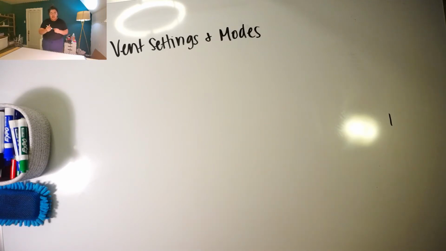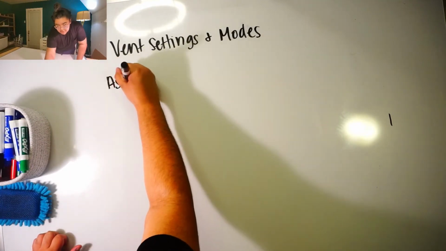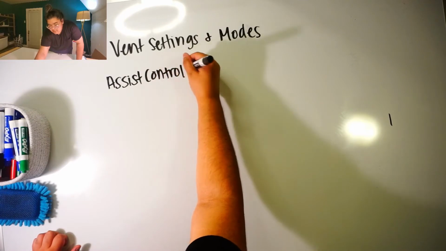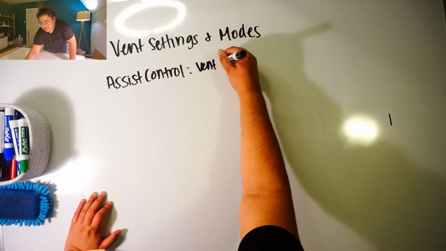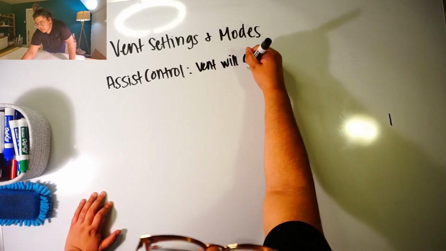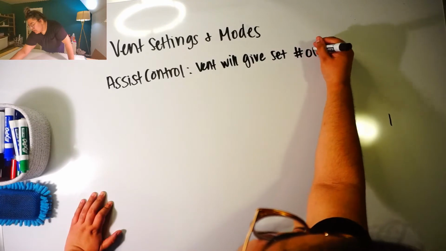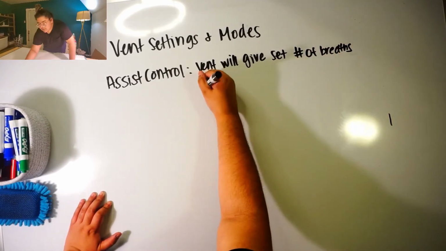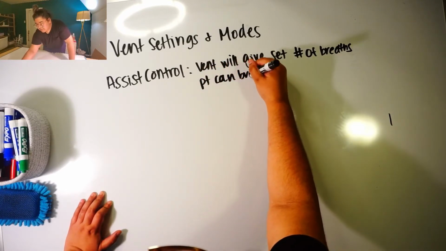Okay, so the first mode that I want to talk about is the most common one, which is assist control. With assist control, basically the rule is the vent will deliver breaths. It's going to give a set number of breaths, okay? The patient, though, can breathe over the vent.